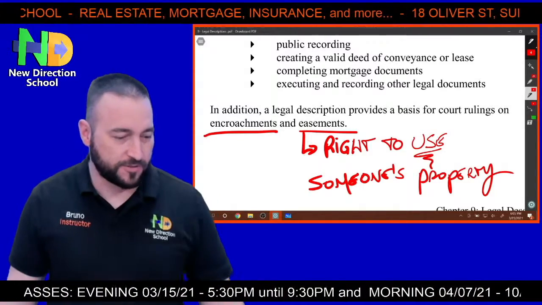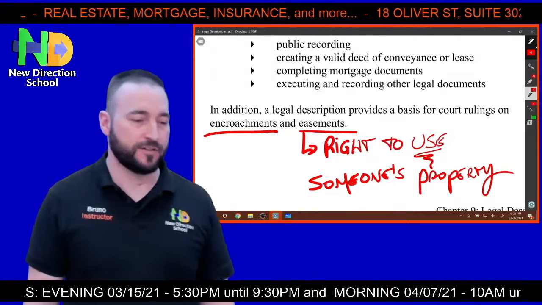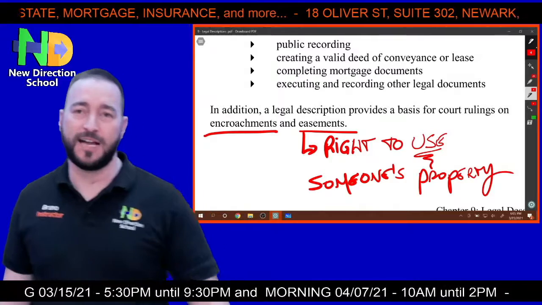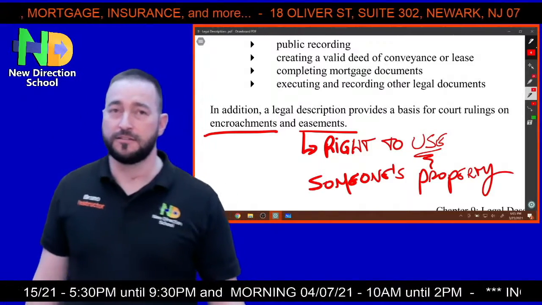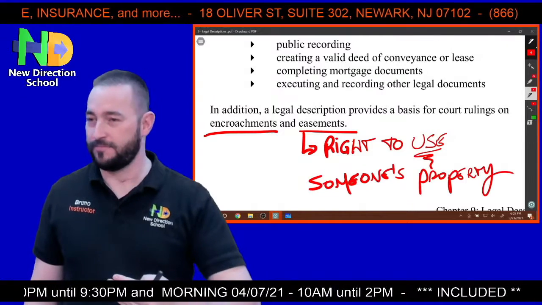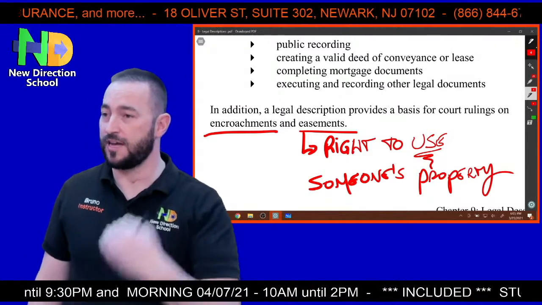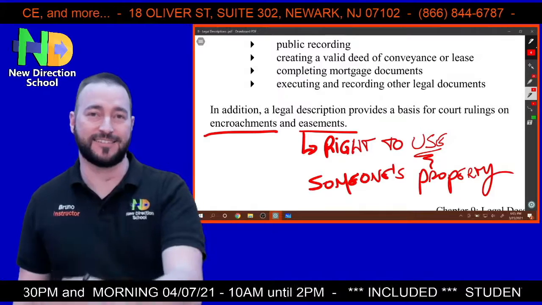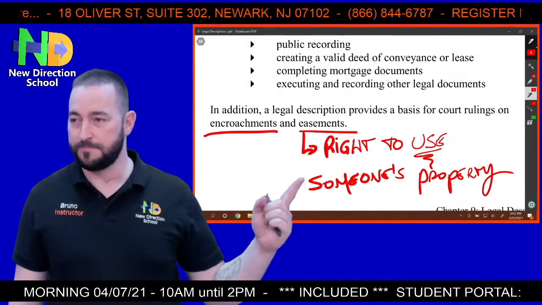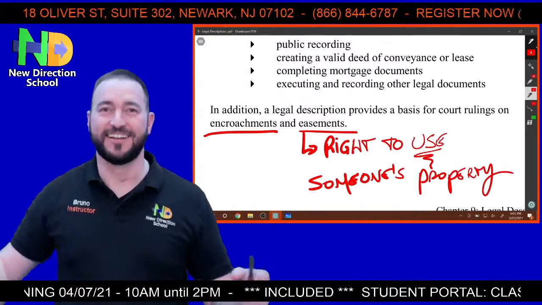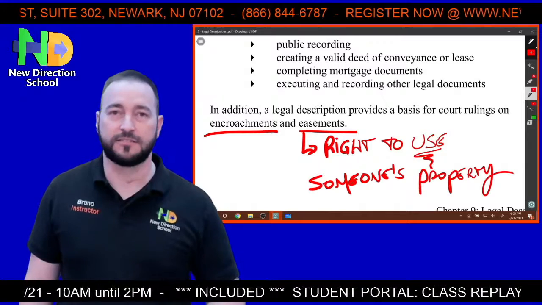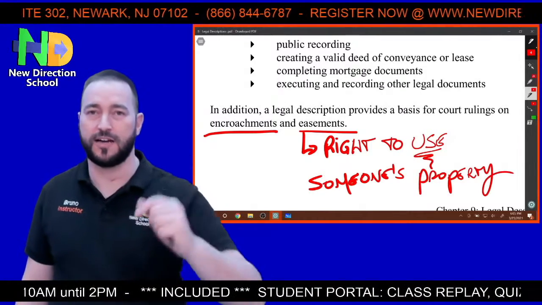Now, Lisa wrote, runs with the land. Lisa on YouTube, runs with the land. Absolutely. When I sell my house, Marlon, you don't get to own the half of the driveway. The house is now sold to somebody else that has the same right that I previously had. So easements never end unless I buy your side.